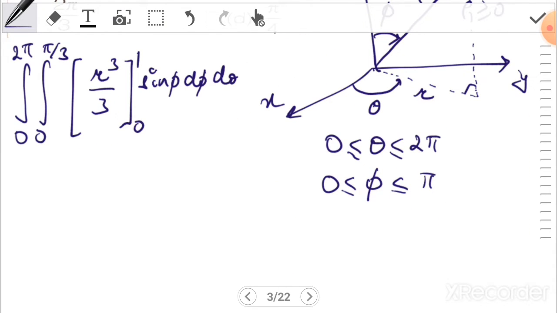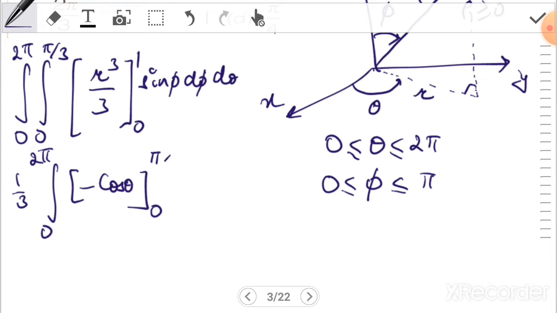So this is 1 by 3, right? So take 1 by 3 out. Now 0 to 2 pi, and now we have sin phi d phi, whose integration is minus cos phi. So minus cos phi, integrated from 0 to pi by 3, and then d theta.